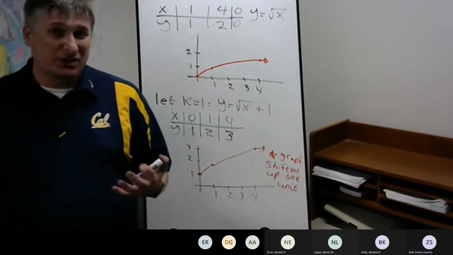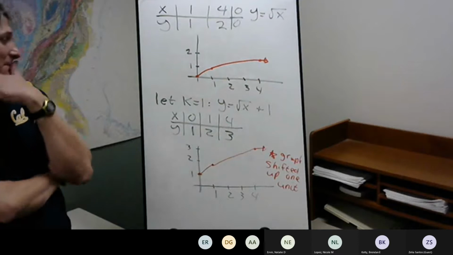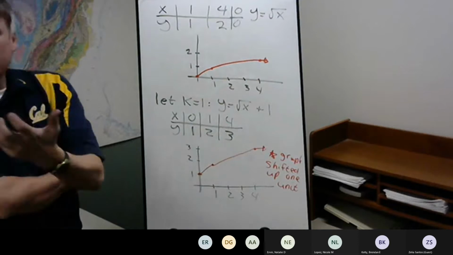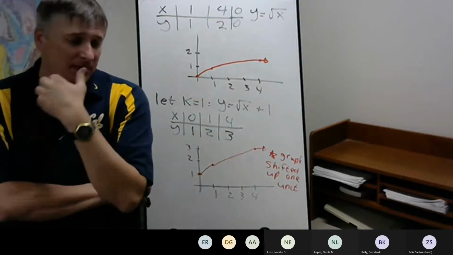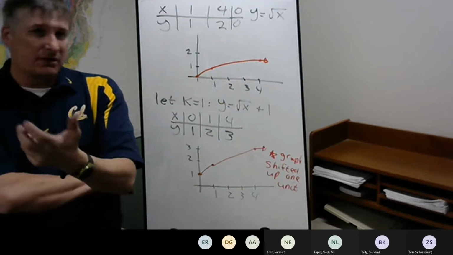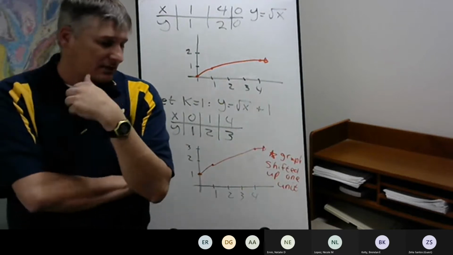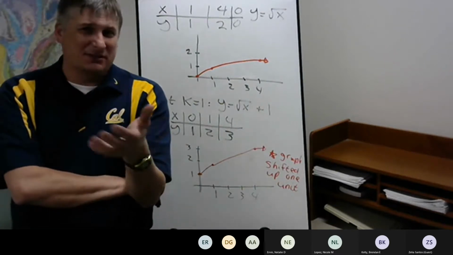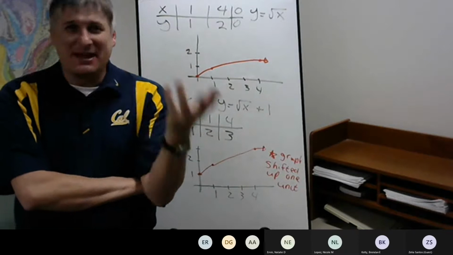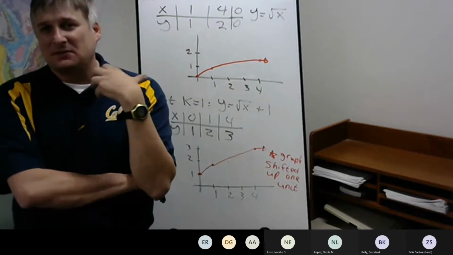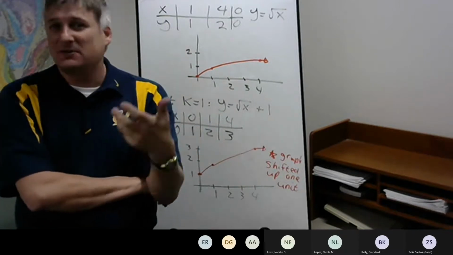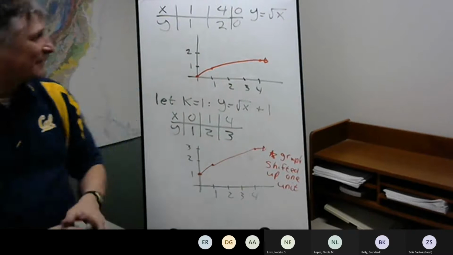So what if you want to shift down? Well, all you're going to do is subtract k. Or as they put it in the text, and I'll give it to you as they have it in the text, you choose a k that's less than 0 and add that. The idea is that adding a negative is the same as subtracting.